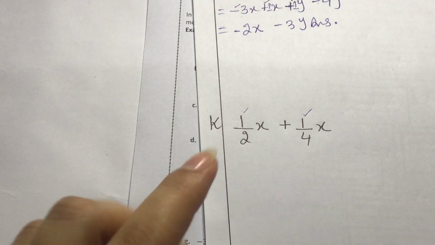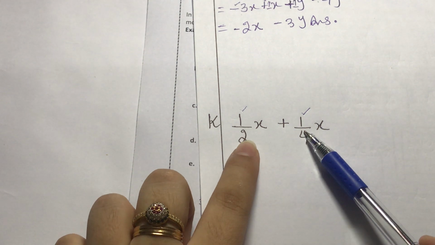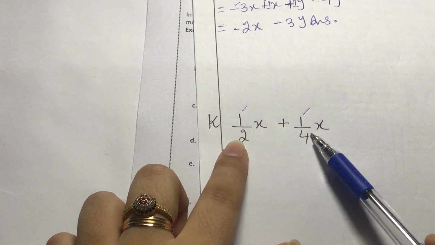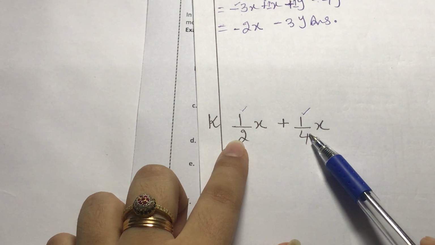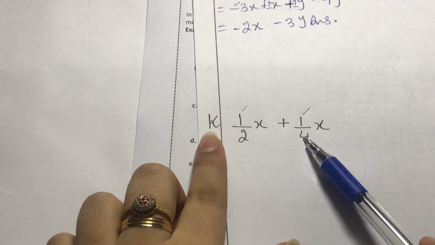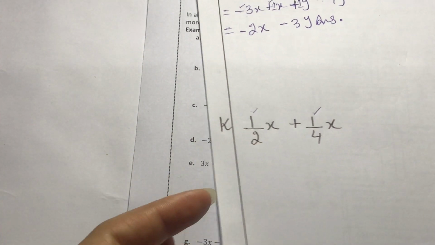Okay, now what we will do. In fractions, we have learned that we cannot add two unlike fractions. Here the denominator of the first fraction is 2 and the denominator of the second fraction is 4, right? These two have different denominators, that means they are unlike fractions. So we cannot add two unlike fractions.